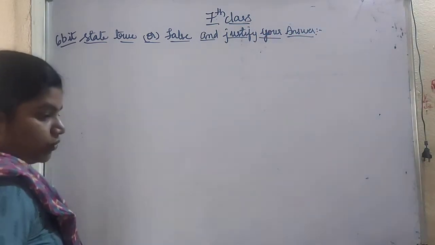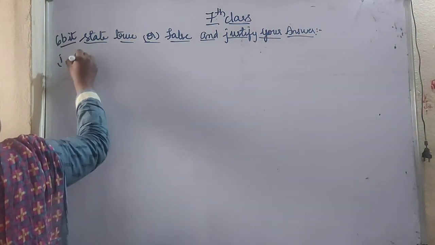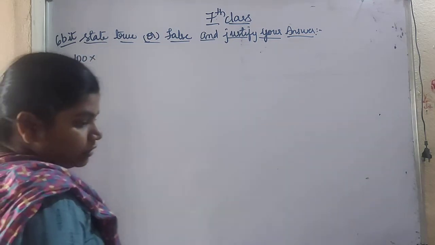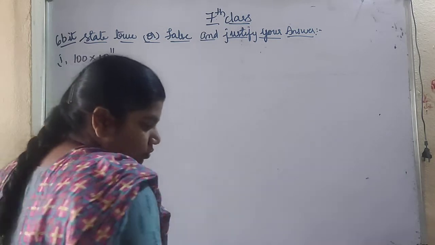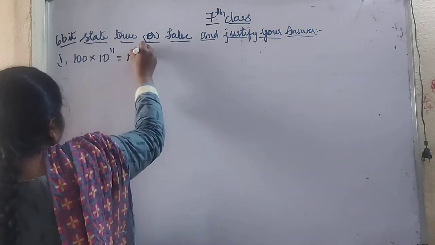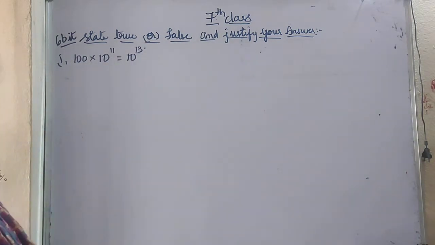So in that, the first one is 100 into 10 power 11 is equals to 10 power 13. Okay, so what they gave: 100 into 10 power 11 is equals to 10 power 13 itself.